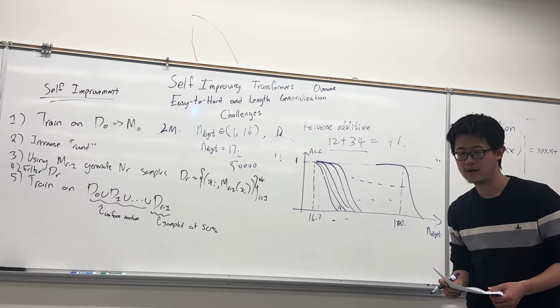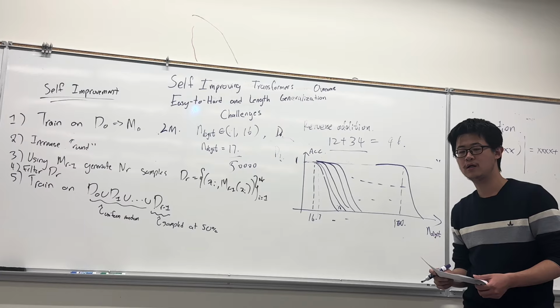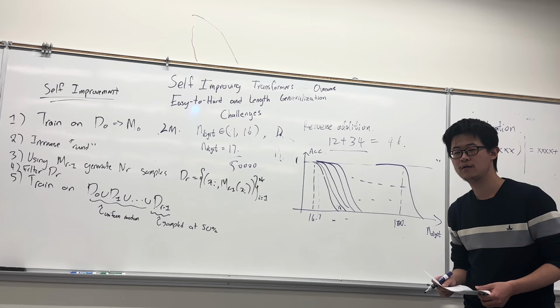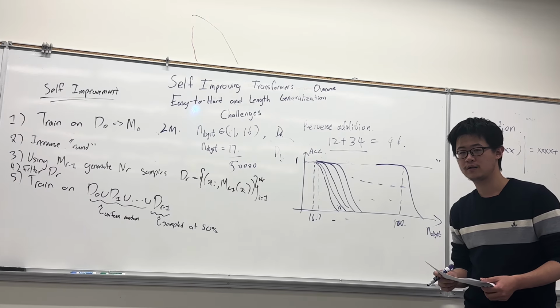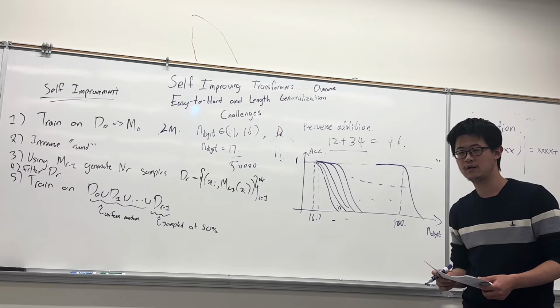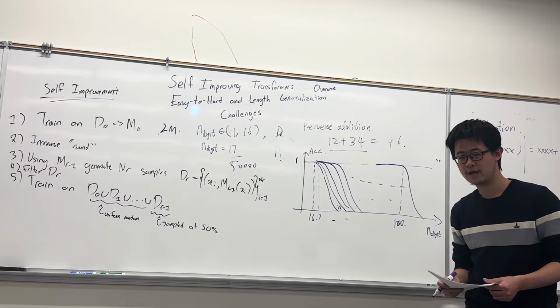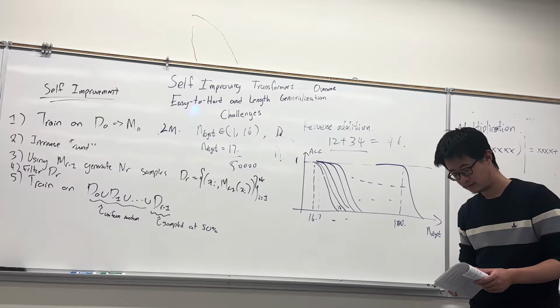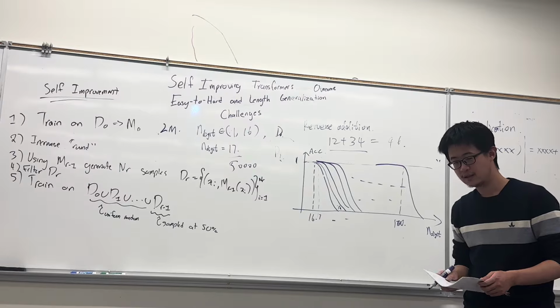I suppose that for normal addition, not reverse addition, the number of layers is going to need to scale with the number of digits. And that's going to create some problems.